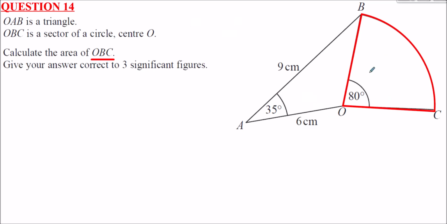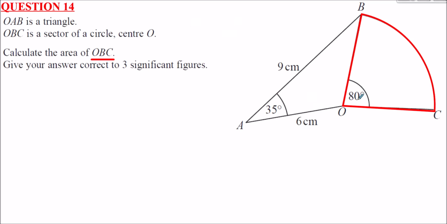So how do we work out the area of a sector? Well, a sector is best considered, I believe, as a slice of a circle. The full circle has an area of pi times radius squared, and a full circle's got 360 degrees going from the centre all the way around. This sector, however, is only 80 degrees of a total of 360 degrees that would make a full circle.